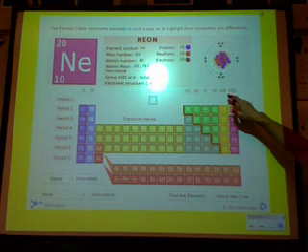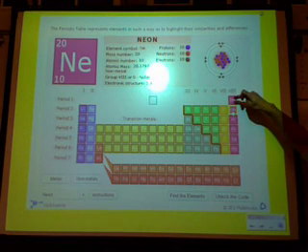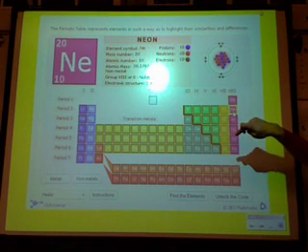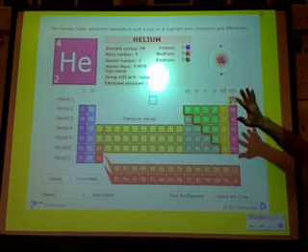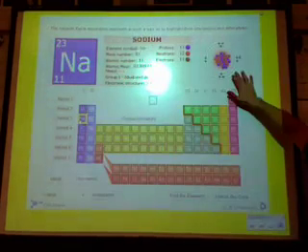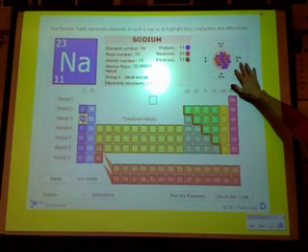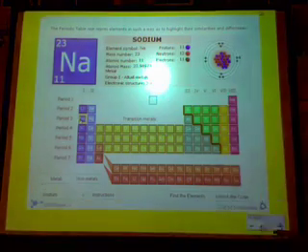The second shell can hold 8, okay? So whether the first shell is full or the second shell is full, if our outermost shell is full, we're not going to react. As opposed to all of these that are always missing something in that outer shell. That's when they want to react.